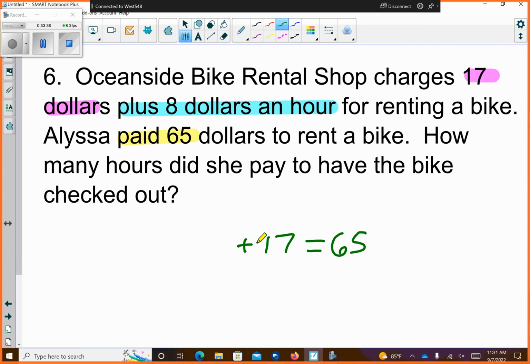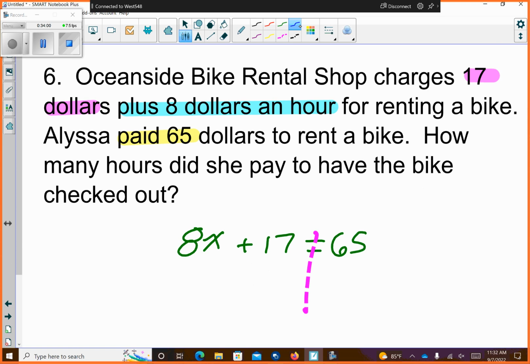How much per hour is it going to cost for her to take this bike out? $8. So this is going to be like 8H or 8X. You can call it whatever you want. But the 8 is going to dictate how much more it's going to cost. This problem is ready to solve.